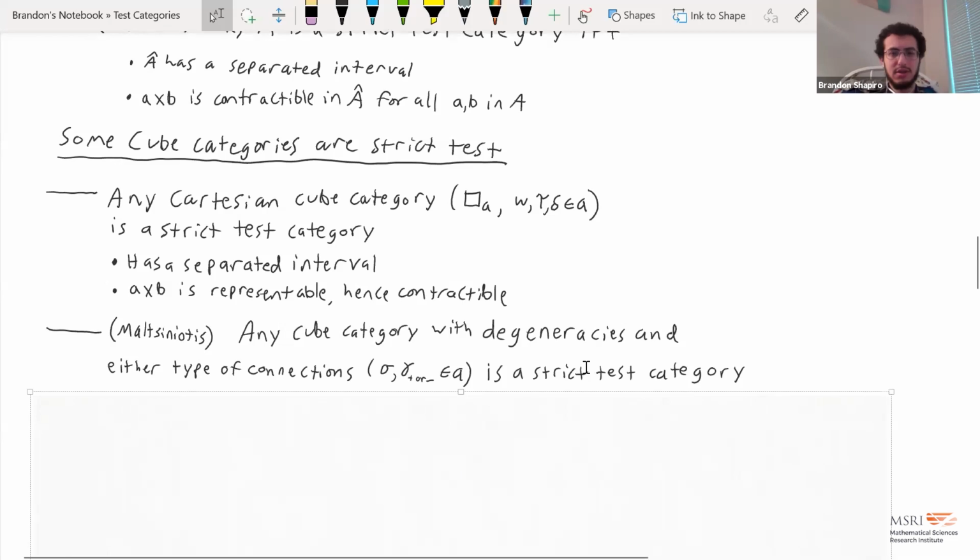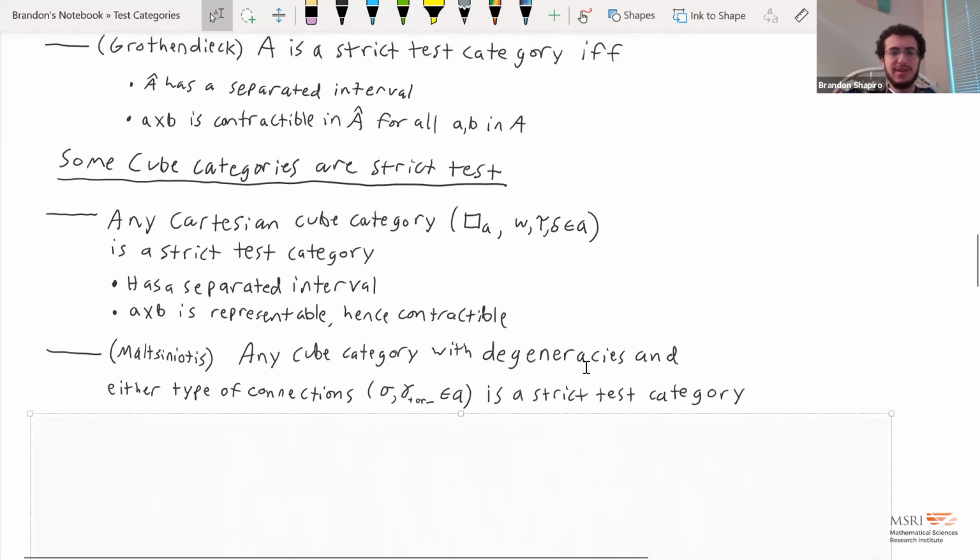When Grothendieck originally wrote about test categories in Pursuing Stacks, his motivating examples were the simplex category and the cube category. While he did some proving for the simplex category, he didn't as much for the cube category. It was later observed that the traditional cube category, which I would write as box del sigma, so you have degeneracies but no connections or any other fancy business, is a test category, which I will hopefully convince you of forthwith, but not a strict test category.